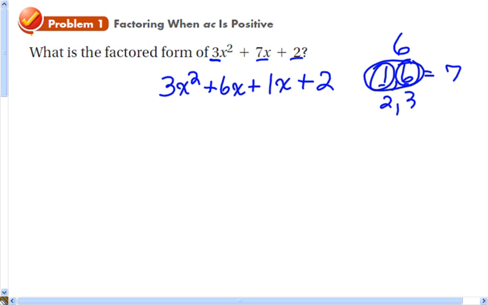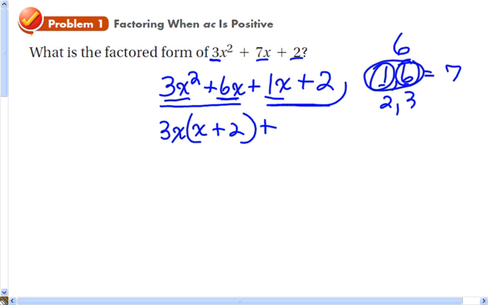And we could write it the other way too. We could do 1x plus 6x if we wanted to. Then we're going to factor each of these pairs individually. So if you look at 3x squared and 6x, the greatest common factor of those two terms is 3x. So I'm going to factor out 3x there. And when I do that, I get, in parentheses, x plus 2.